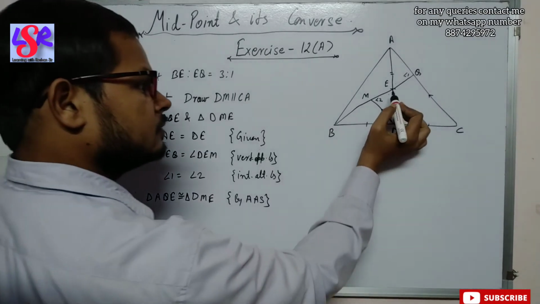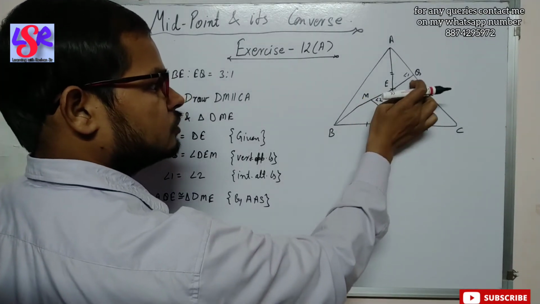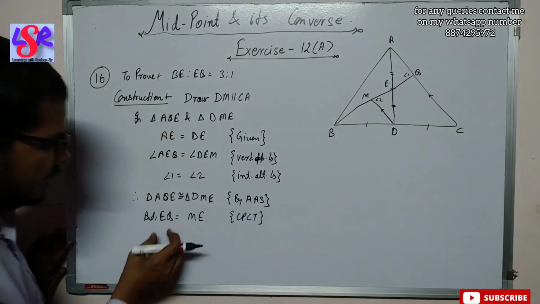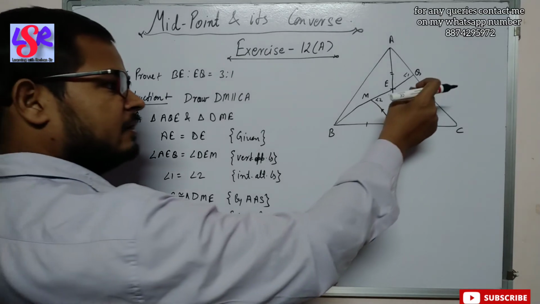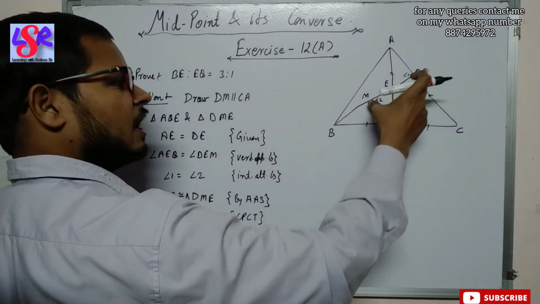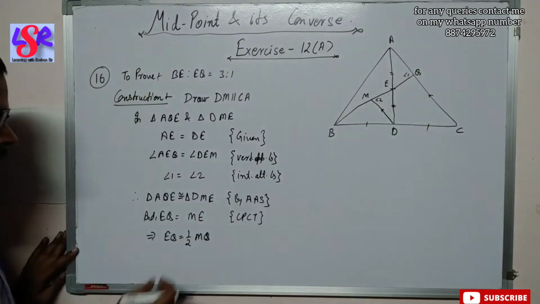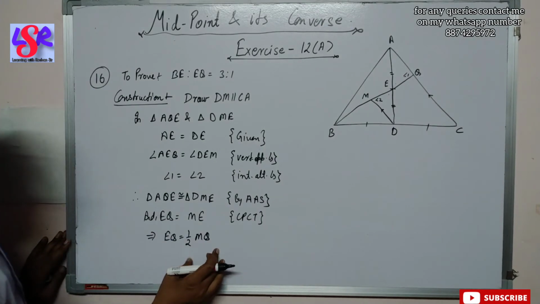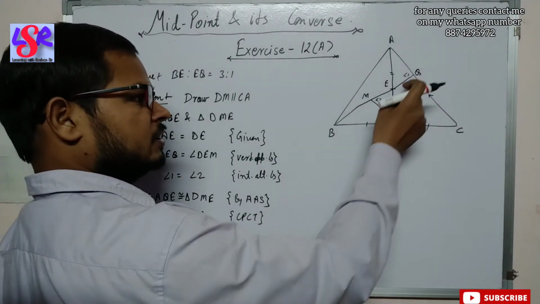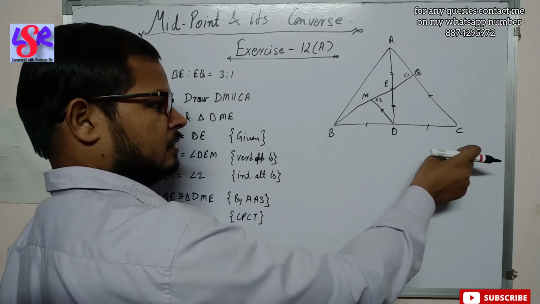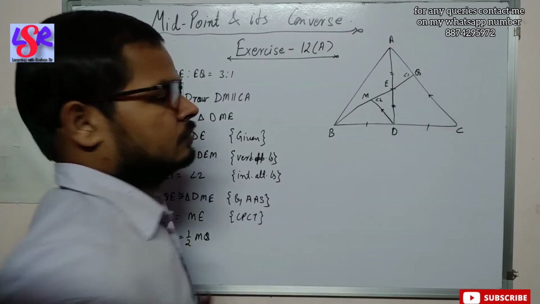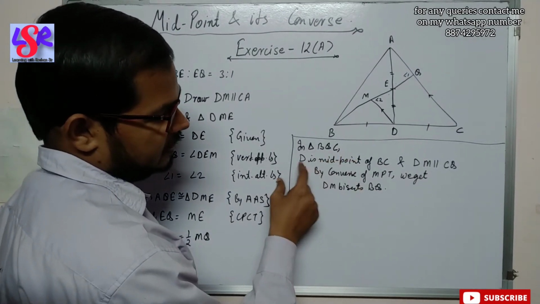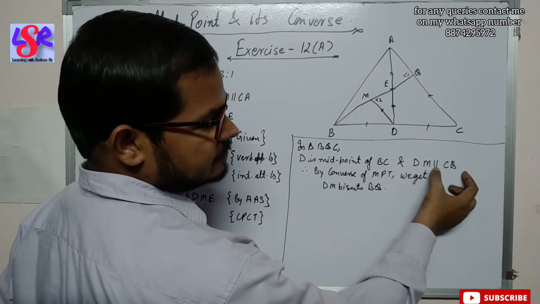Now we can show that ME equals EQ by CPCT. Now we can write this EQ as half of this whole MQ, and here we get EQ equals half of MQ. Now we take the triangle BQC in which D is the midpoint of BC and DM is parallel to CQ.